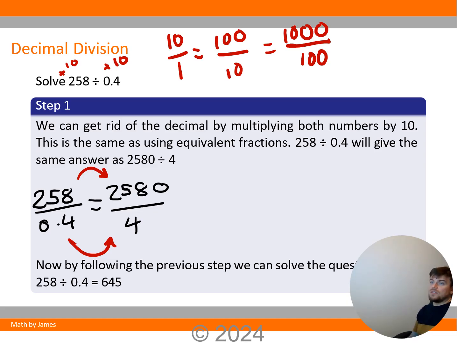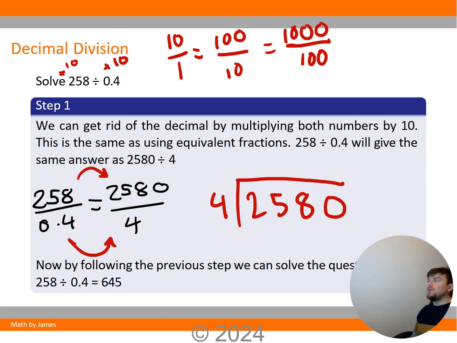So now we follow the steps here, same steps. So what we do is we have our 4 outside the bus stop, and then we go through. So we see how many 4s fit in the thousands. None. Then we carry over. How many 4s fit into 25?